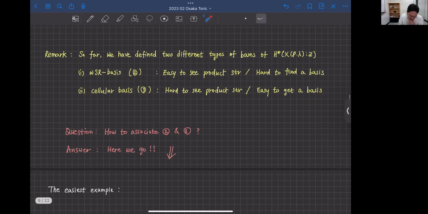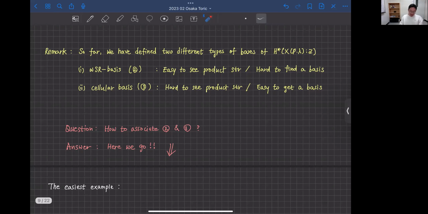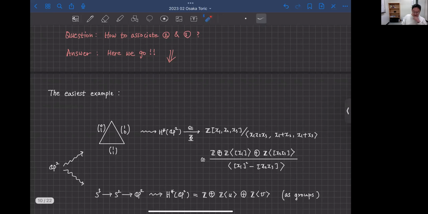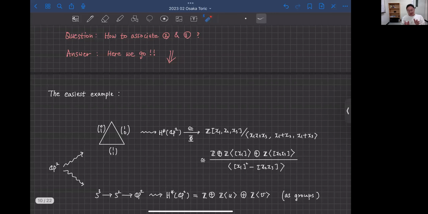Okay, here we go. So the easiest example, now I want to associate these two bases, okay? The easiest example is probably CP2. So here are two different ways of understanding two-dimensional projective space. One is to think about this characteristic pair, (1,0), (0,1), and (1,1), like this, okay?